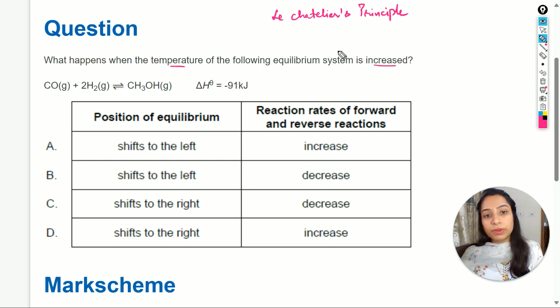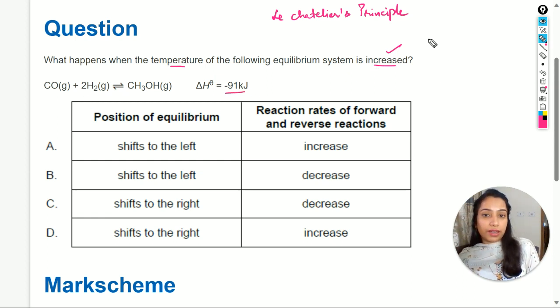So the equilibrium system will work in such a way that it will try to decrease the temperature. It will shift the position of equilibrium, and it favors the forward reaction or the reverse reaction, such that it counteracts the change.